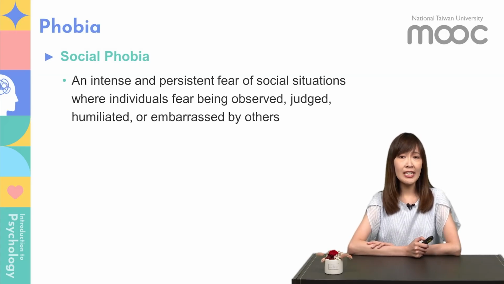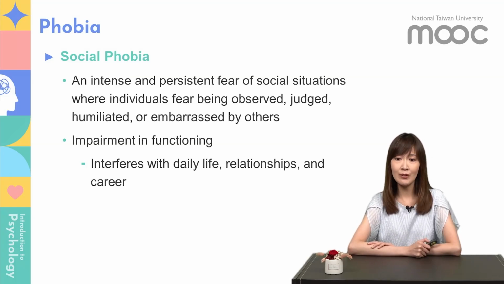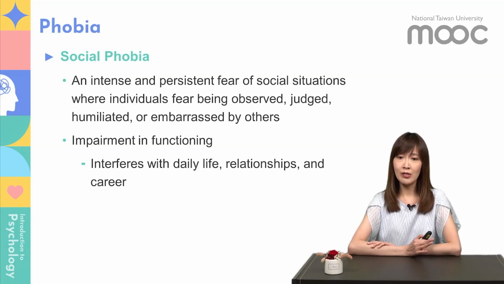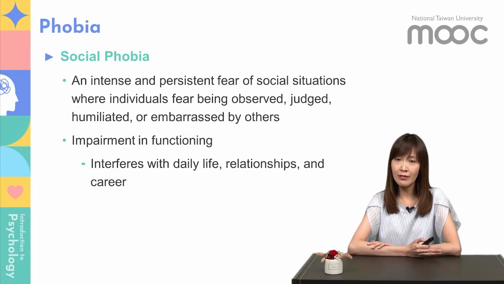So it could influence our daily functioning, and a lot of people are affected by social phobia. Well, in one study, researchers recruited people with social phobia and people without any psychological disorders. And researchers told them that, okay, now you're going to give a speech, so please get prepared. And researchers found that both groups, both people with social phobia and the normal group, showed an increased heart rate.